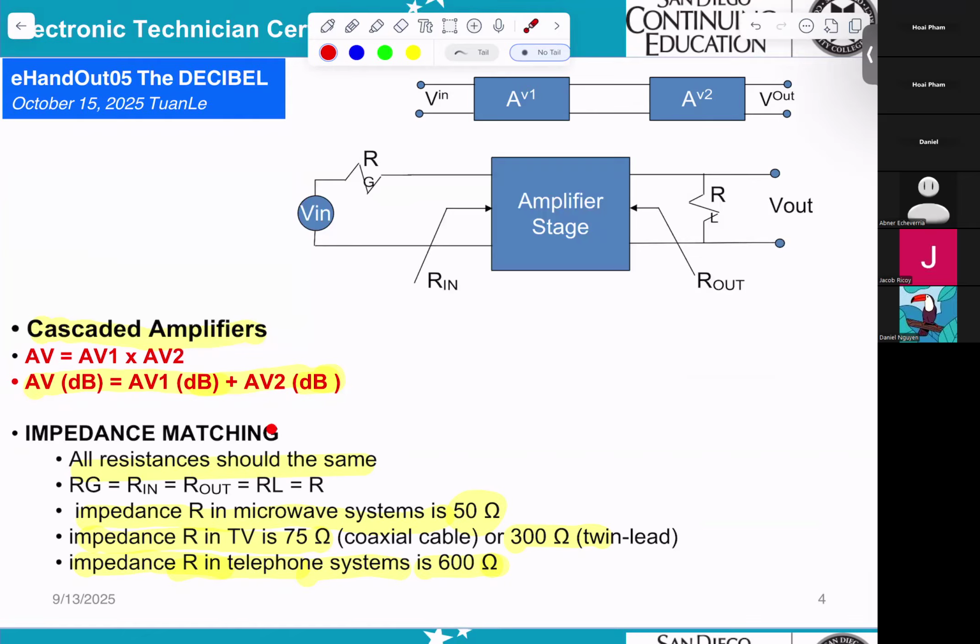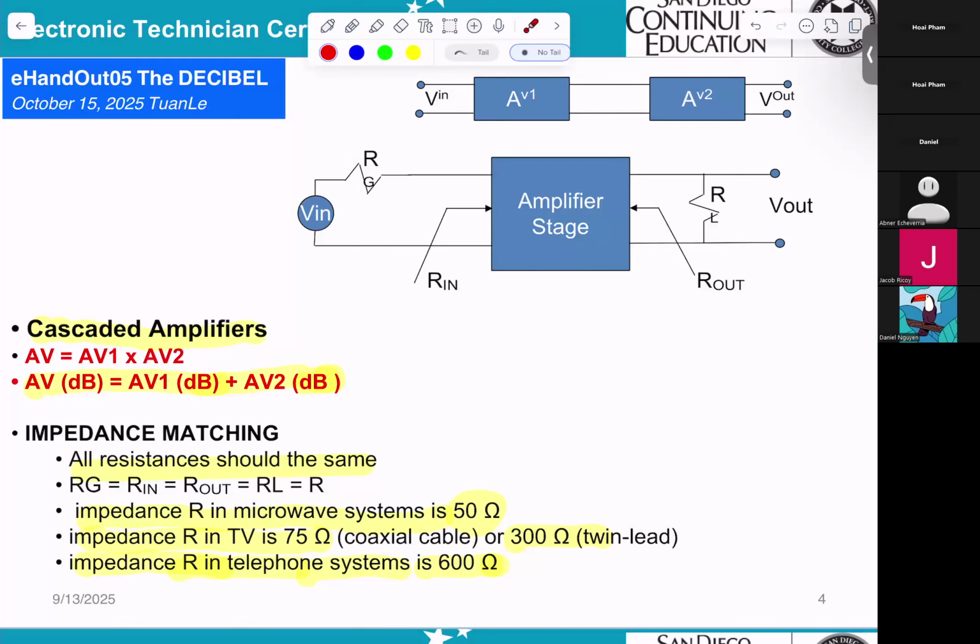Impedance matching on resistance should be the same. R source equals R in. That means the input here, output here, should be the same. R in equals R out equals RL. Okay?